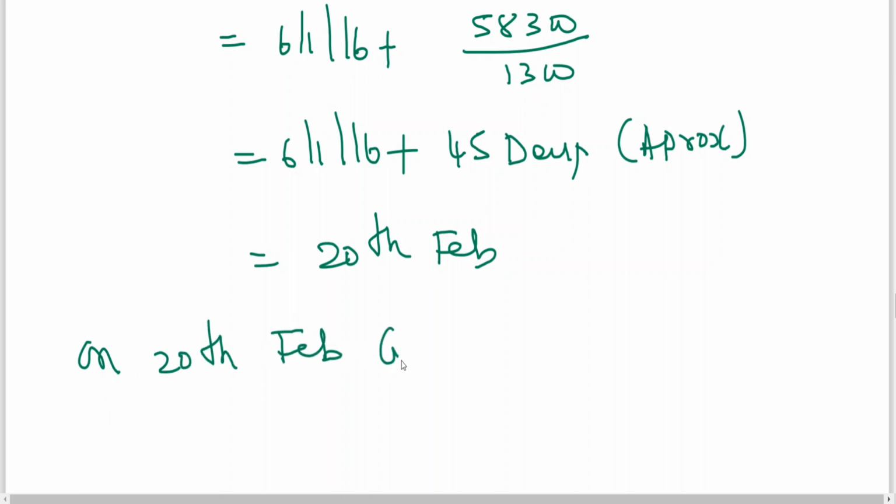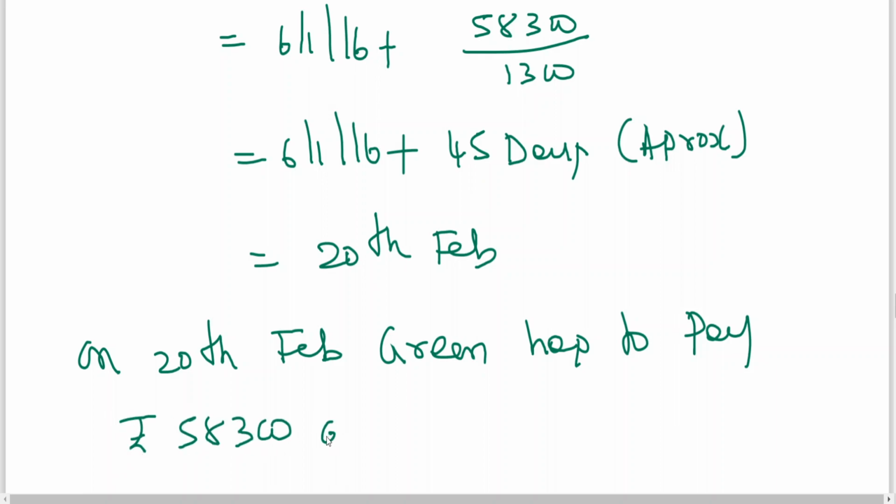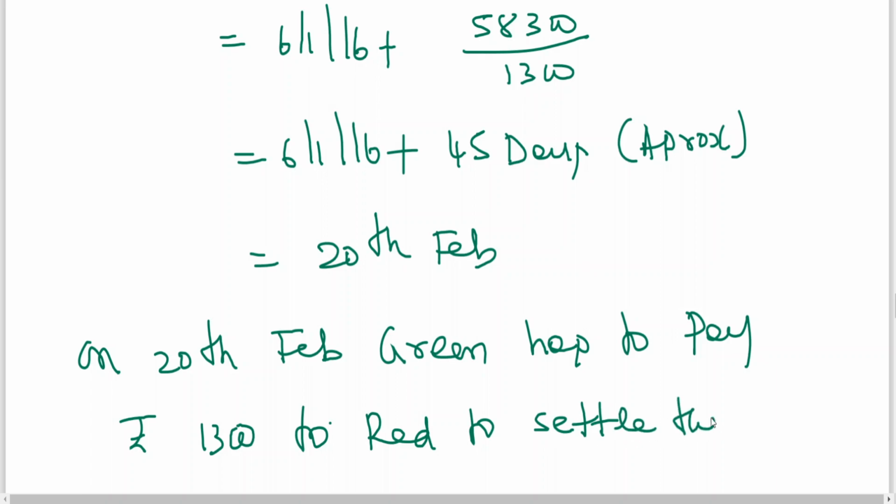On 20th February, Green has to pay rupees 58,300 to Red. Not 58,300, 1,300, sorry. Rupees 1,300 to Red to settle the account.